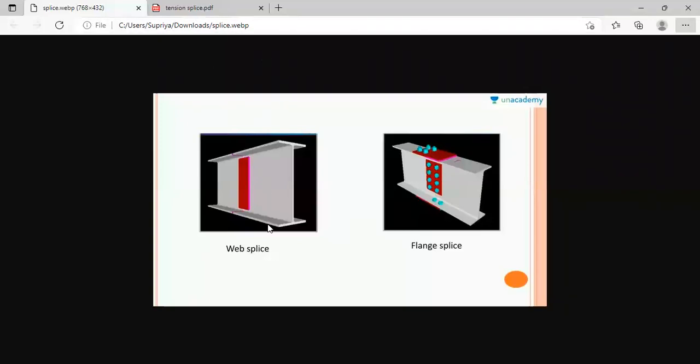We have already discussed that steel members are manufactured in the industry up to 40 feet. What if the length required is more than that? What do we have to do? We have to join the two members by using some common portion. Here, this is a member and this is a member.